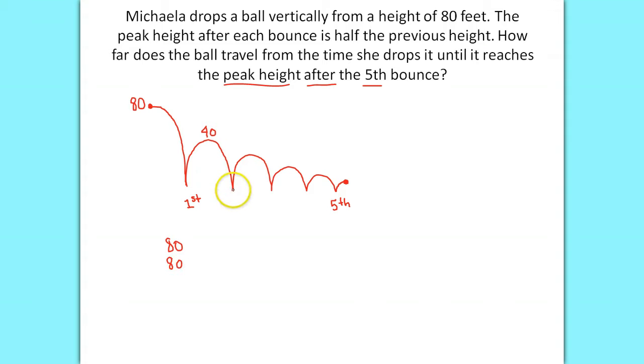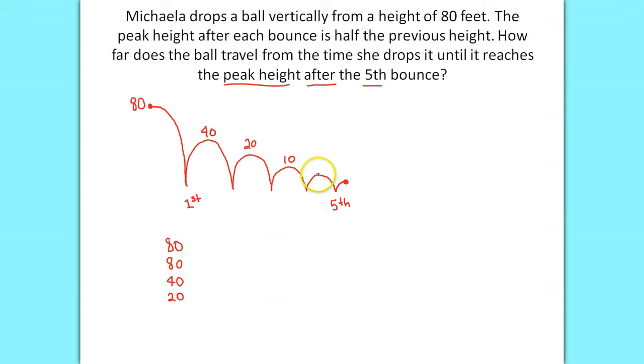And then again, we know that each bounce is half as high as the previous, so we know that this height is going to be 20. So from here to here is 20, then back down is another 20 for a total of 40. From here up to the next bounce is half of 20, which is 10. And then back down would be a total of 20 for that bounce.